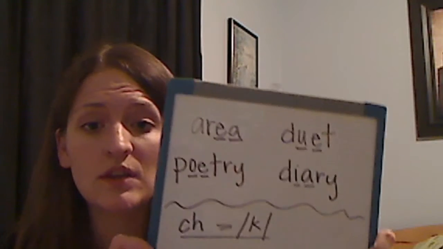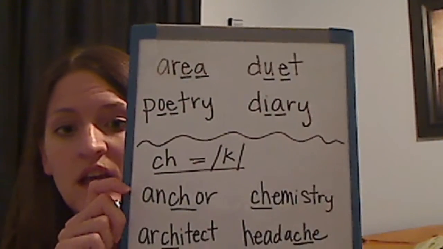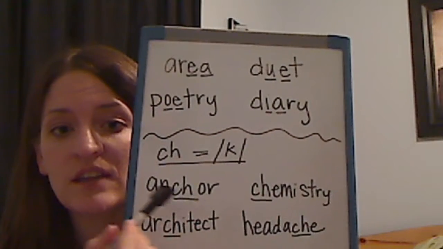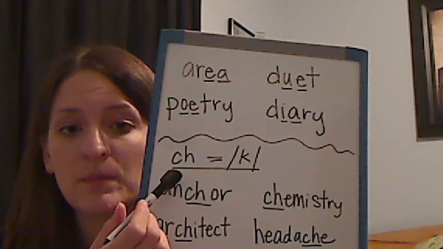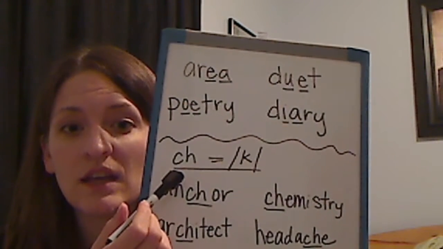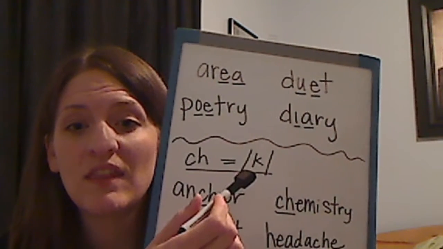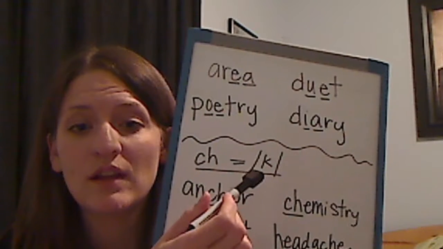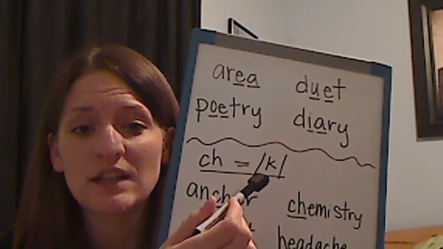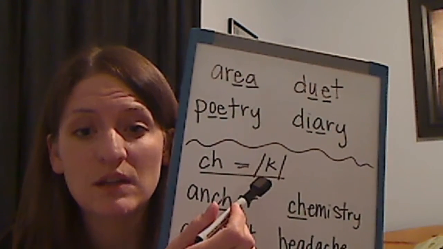Concept number 2 that you learned in this unit is the CH letter pair. You might be tempted to say ch, but remember that when we have a letter between two slanted lines, that means the sound.